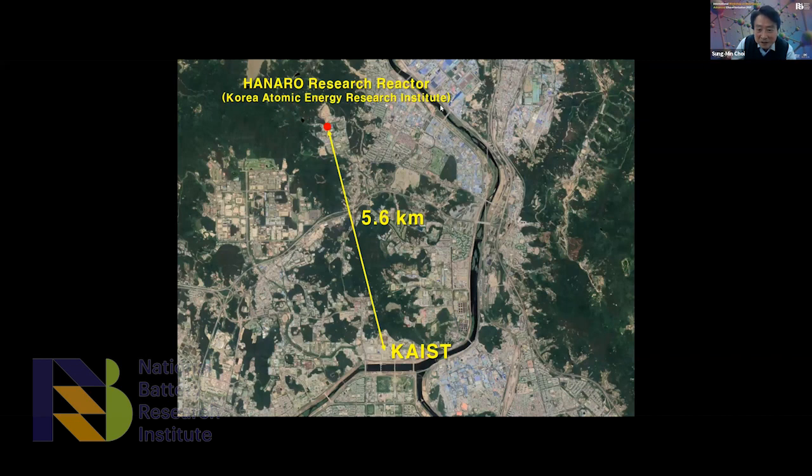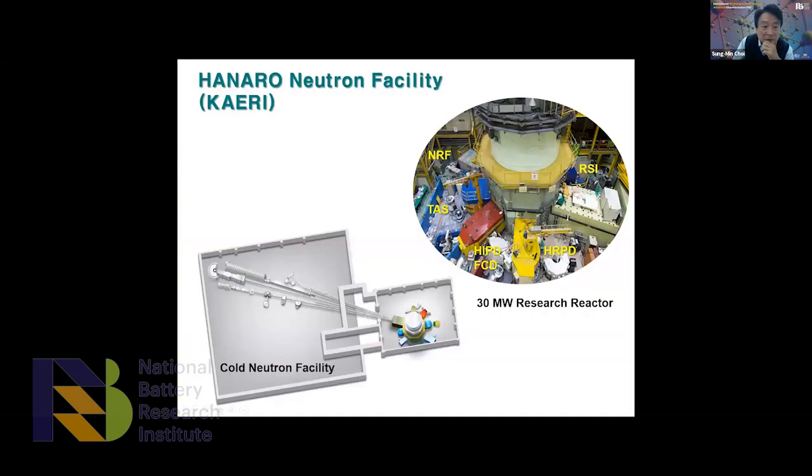And this is a Google view of the city of Daejeon. KAIST is here, about 5 to 6 kilometers away, which is about a 15-minute drive from KAIST. There is a Korea Atomic Energy Research Institute, which has a Hanaro Research Reactor. So this Hanaro Research Reactor is a 30 megawatt research reactor, which became critical in 1995.